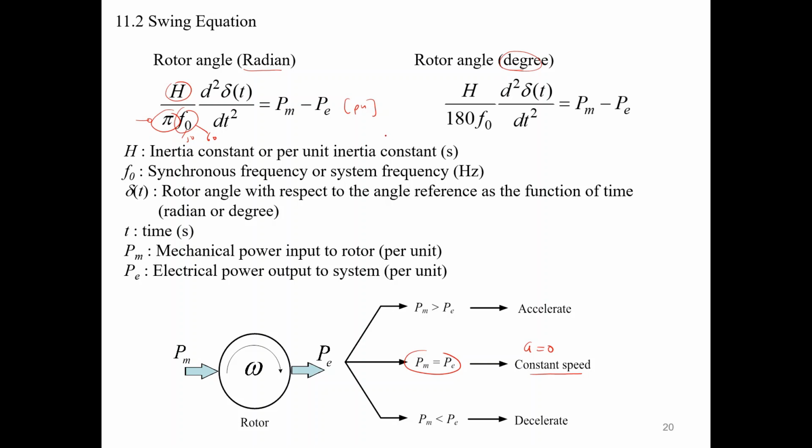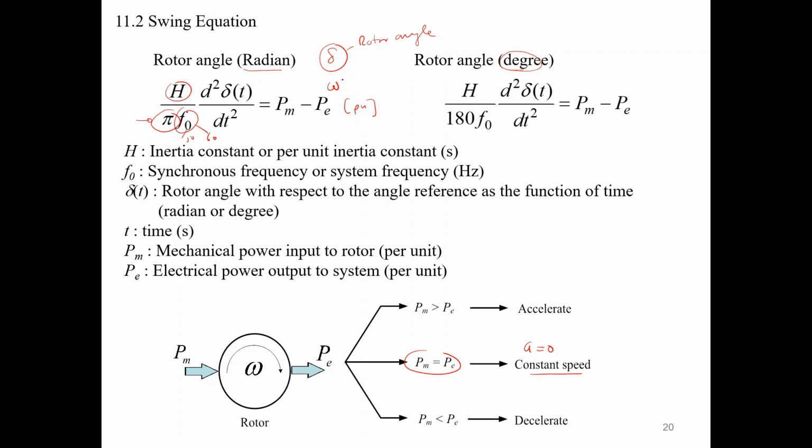So the equation is written entirely in per unit. You remember from last class that the quantities of interest are the rotor angle, delta, and the other one we call omega.